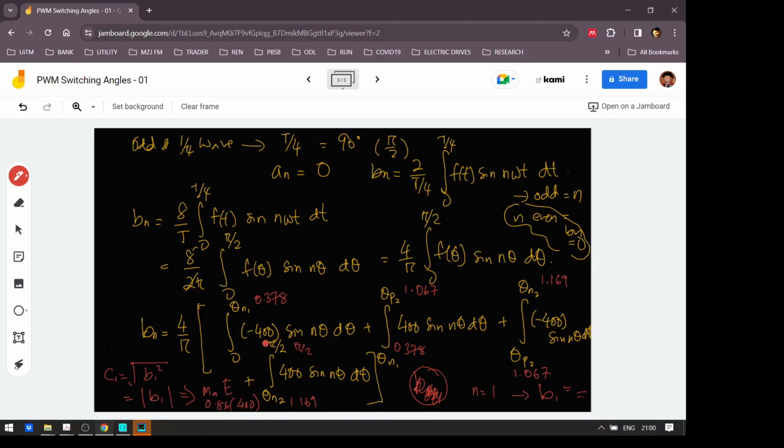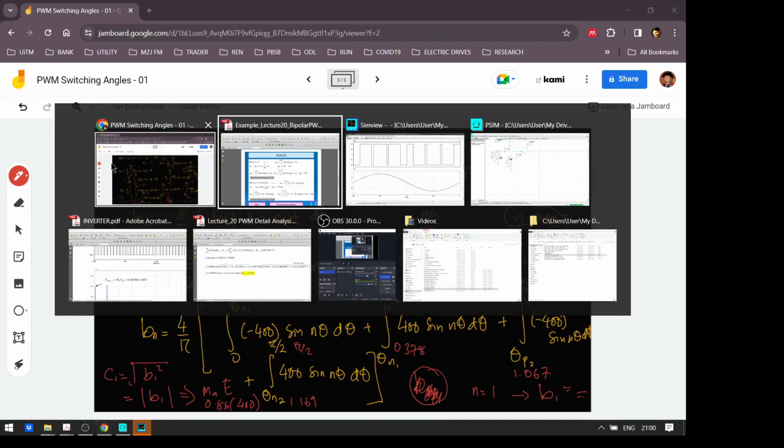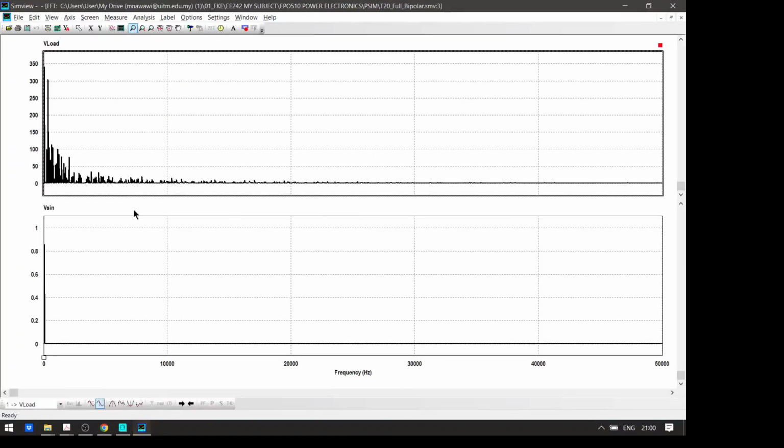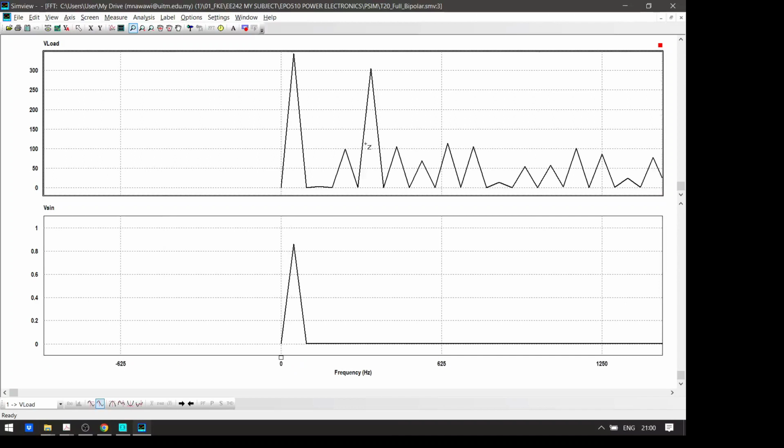Then you get the fundamental component. So what if the question asks you what will be the carrier component?